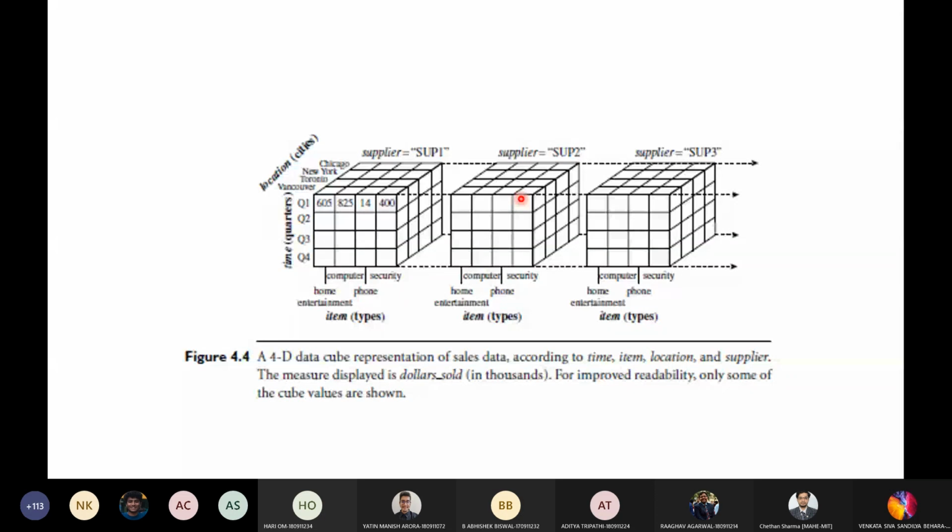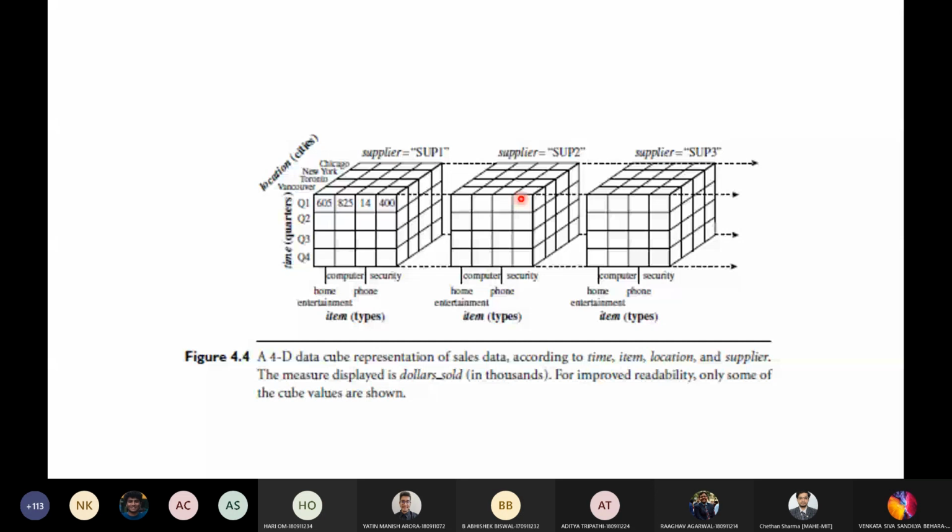So your table 4.2 as well as your table 4.3, these two tables show the data at different degrees of summarization. These can be viewed in a data cube, and in data warehousing literature, these data cubes are referred to as cuboids.